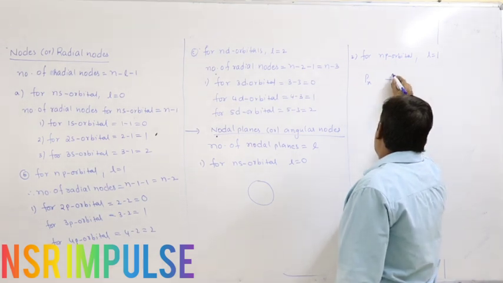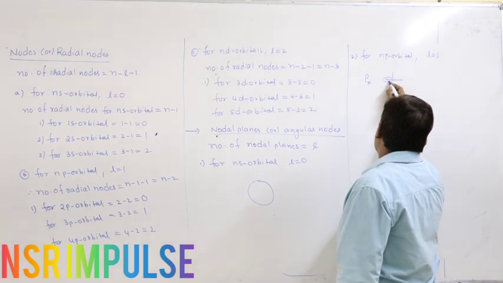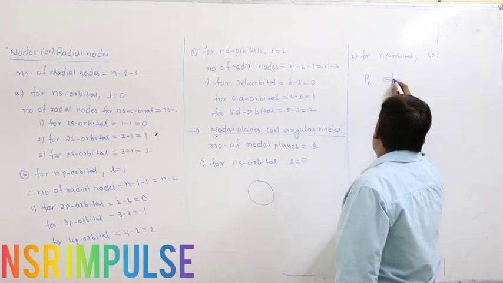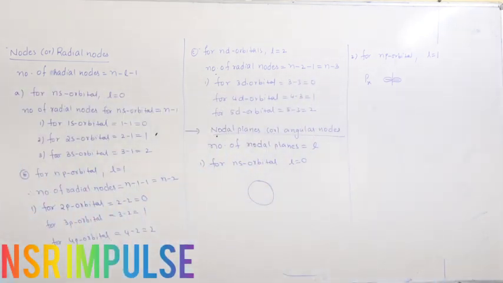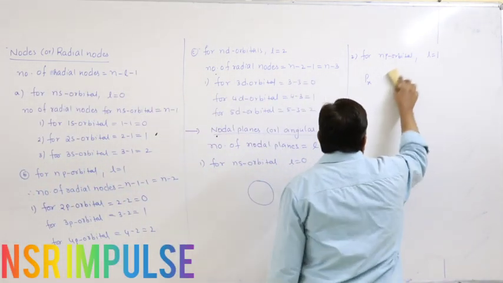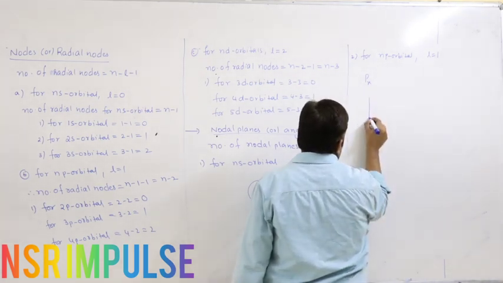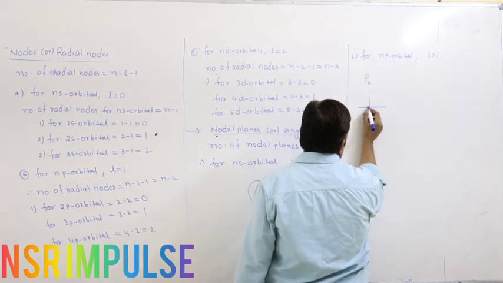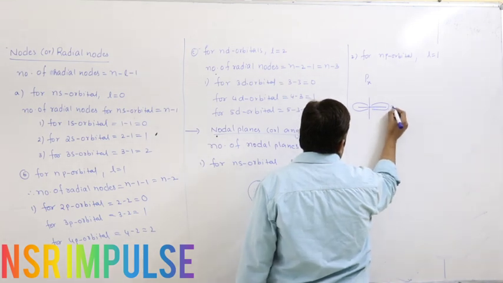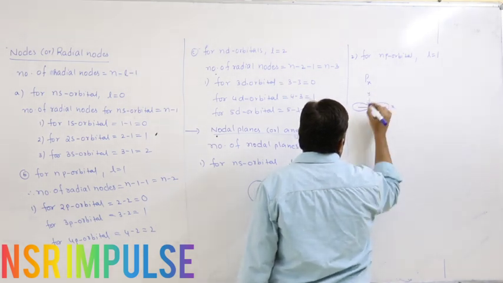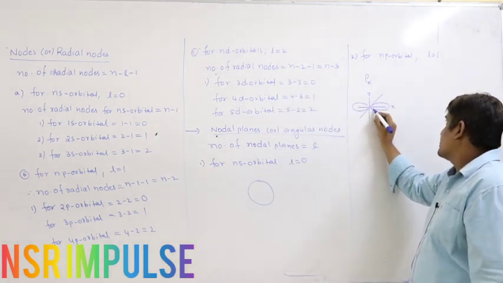What is the shape of the px orbital? The lobes orient along the x-axis.